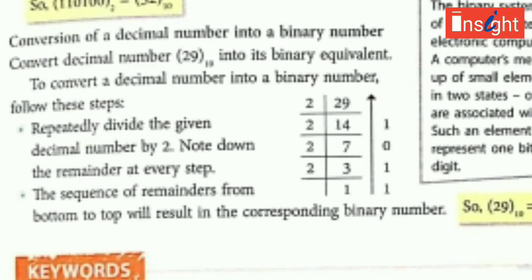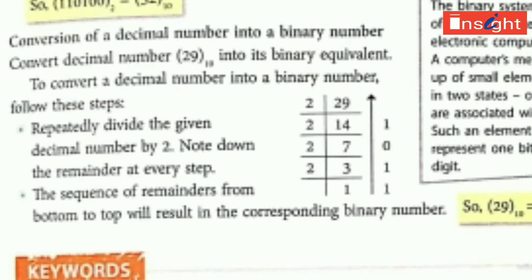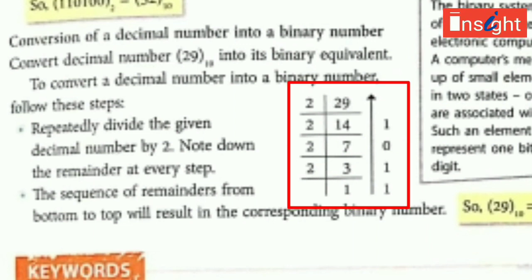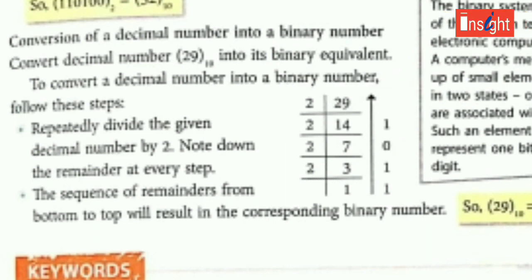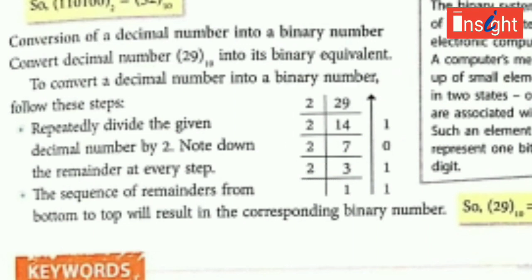Here you can see 29 divided by 2, quotient is 14, remainder is 1. Again 14 is divided by 2, quotient is 7, remainder is 0. Again 7 is divided by 2, quotient is 3, remainder is 1. 3 is divided by 2, quotient is 1, remainder is 1. Now this cannot be divided further.